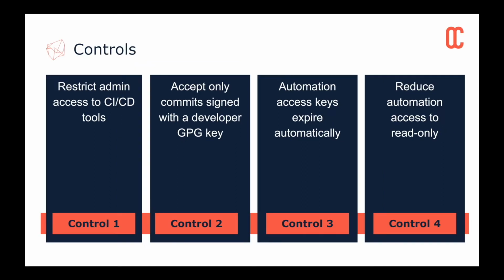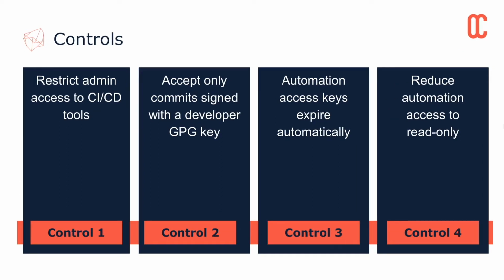In the security pipeline application, we've implemented 4 controls, and those are security checks at various stages of a CI/CD pipeline. So in control 1, we check if the users have permission to make changes to the CI/CD system. Then in control 2, we check if commits are signed with a developer GPG key to make sure that their authorship is valid.